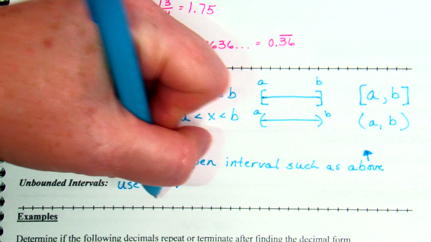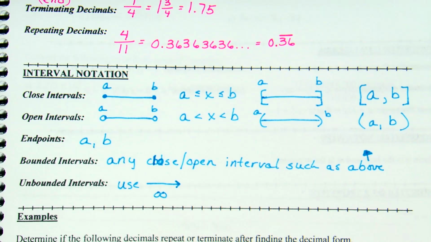So if it's x greater than 3, we're going to the right, to positive infinity. Or what if it goes off to the left? Instead of positive infinity, we're going to have to use negative infinity.